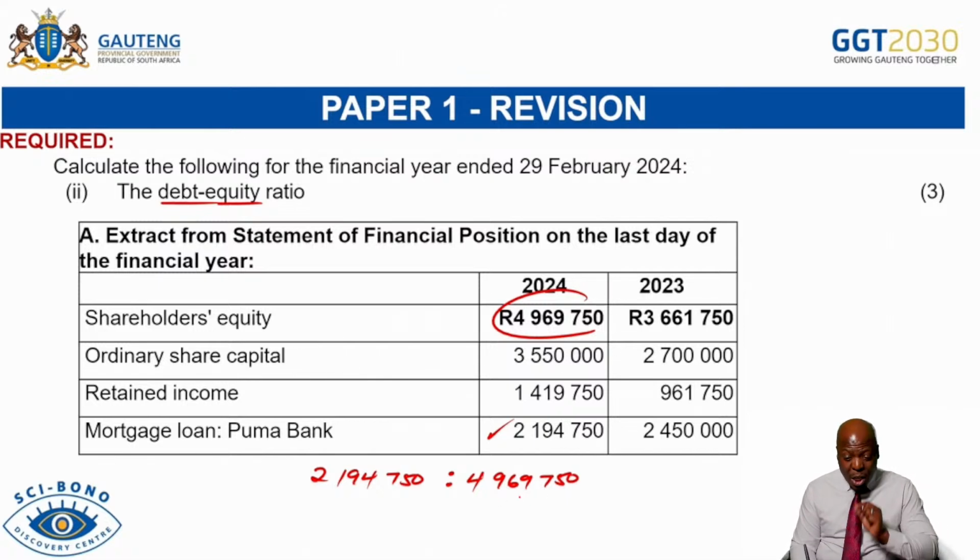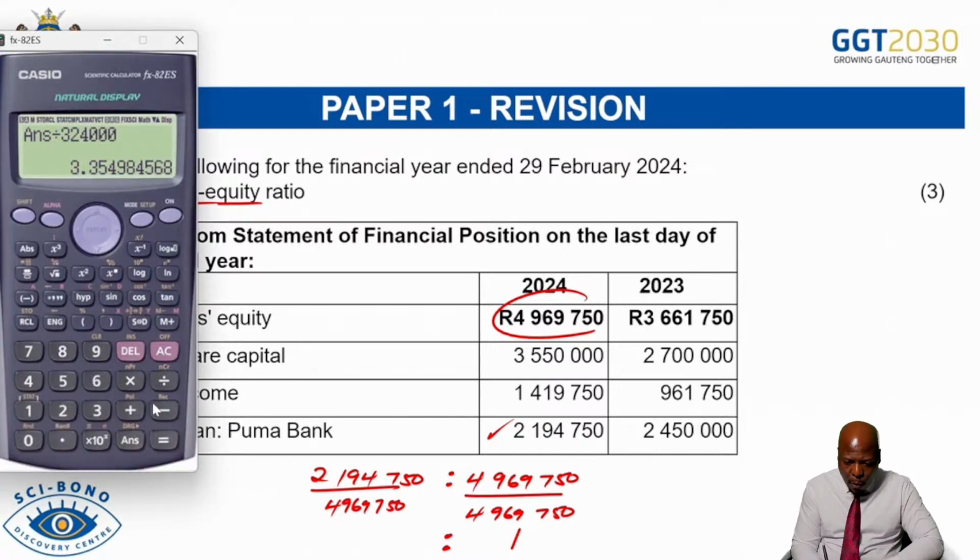Remember, it's a ratio, so it has to be as to 1. So I divide that by the 4,969,750, so that here I get 1. And then I come here and do the same, I divide by 4,969,750. Let's get the adding machine and see what it says.